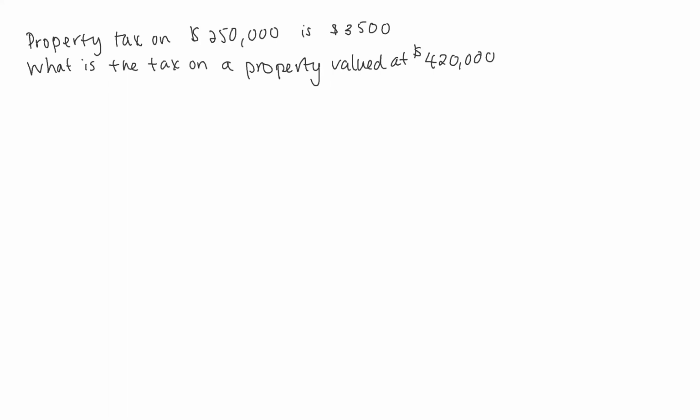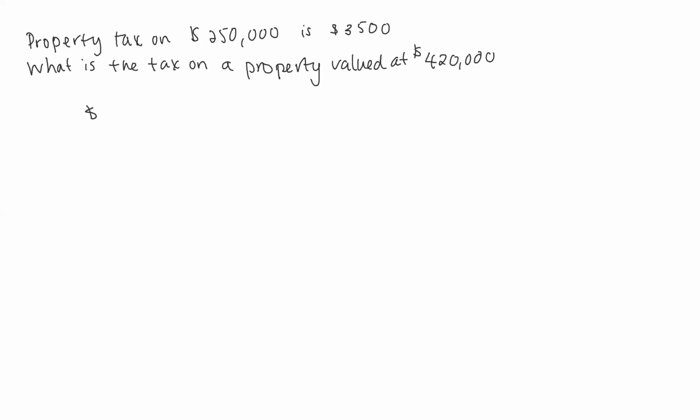So here's what you do. We know that a proportion is a statement or an equation where two ratios are equal. We have two sets of information here. We know that if you have a property valued at $250,000, you're going to owe $3,500 in taxes. In that same region, there's going to be a proportional relationship with property taxes and home values. So we're going to set up the first ratio with the information that we know.